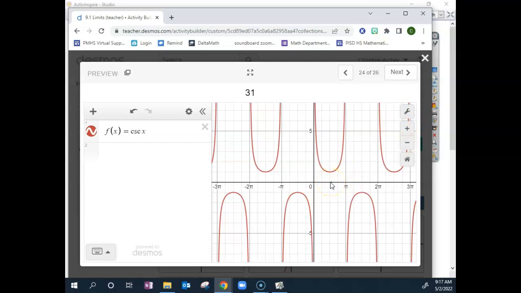So pi over 2 wants to know the limit at pi over 2, which is right here. And what's the limit? 1. Oh, wait, it wants it at pi. Sorry, guys. Here's pi. One goes up, one goes down, so it doesn't exist.